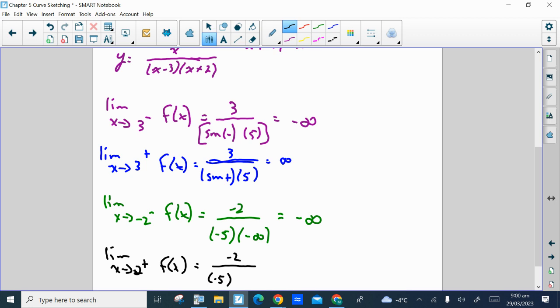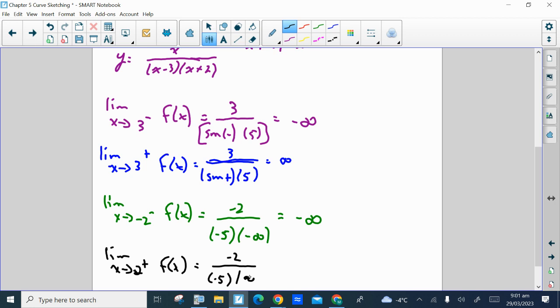It might be negative 1, then negative 1.5, then negative 1.8, then negative 1.9, which is going to make the second factor approach positive infinity, because the values of x are greater than negative 2. When you let x equal negative 1 and you add 2, you're going to get a positive value.